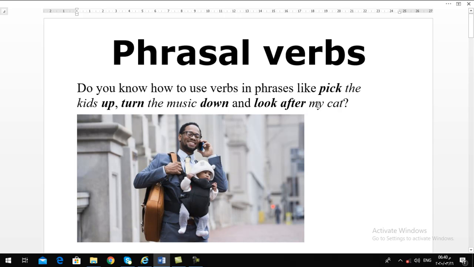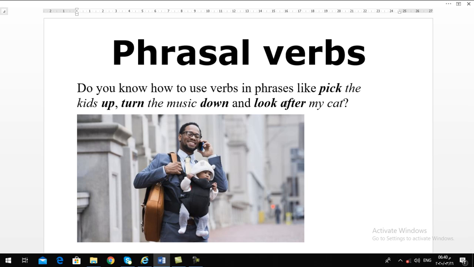A phrasal verb is a verb that consists of more than one word, like pick up, turn down, look after. And what do we call the word that comes after the verb, like up, down, after? We call them particles.